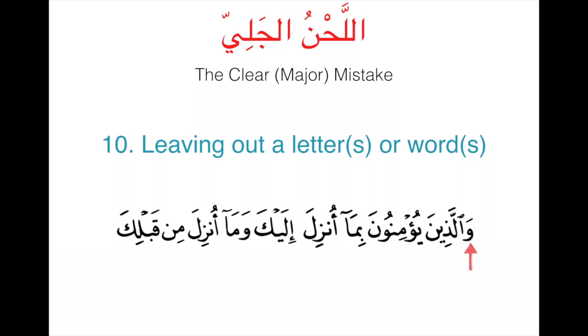All right. So that said, one way that you can rid yourself of continuing to make this kind of mistake, major mistakes, or even the minor mistakes, is to recite the ayah in question over and over again to the point that you flush out the mistake, right? Otherwise, you won't be able to flush it out.